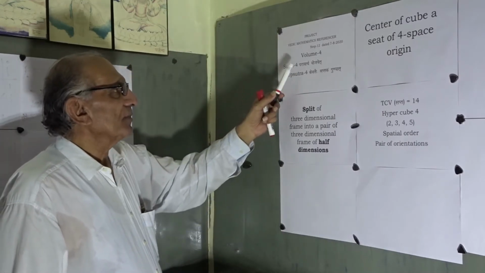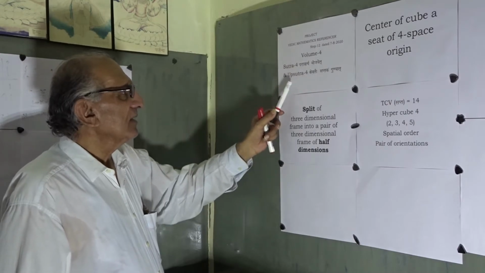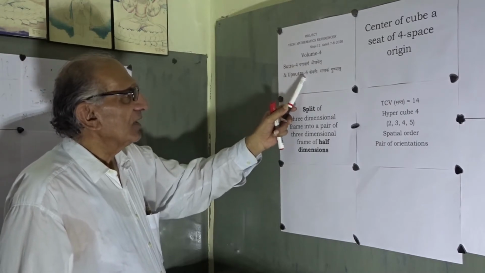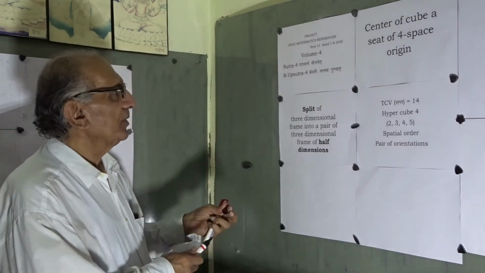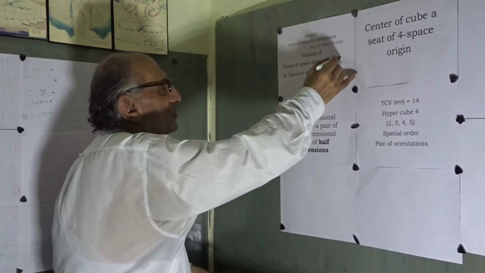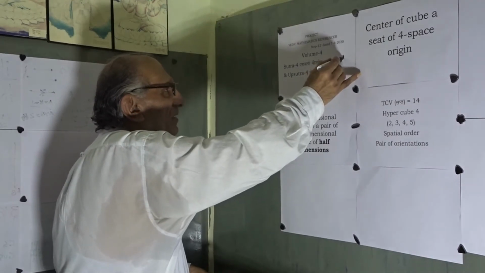Sutra 4 Pravartya Yojet and Sutra 4 Kevale Saptakam Gunyant are to be the source of the mathematical values.